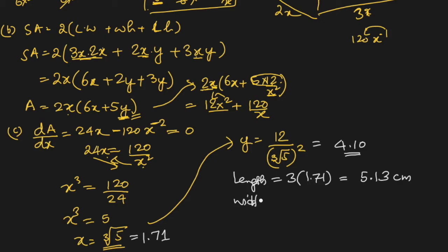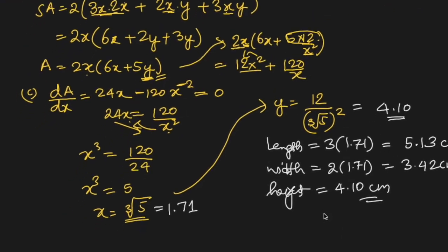Width equal to 2 times 1.71 will be 3.42, and height equal to y, which we already got as 4.10 centimeters.